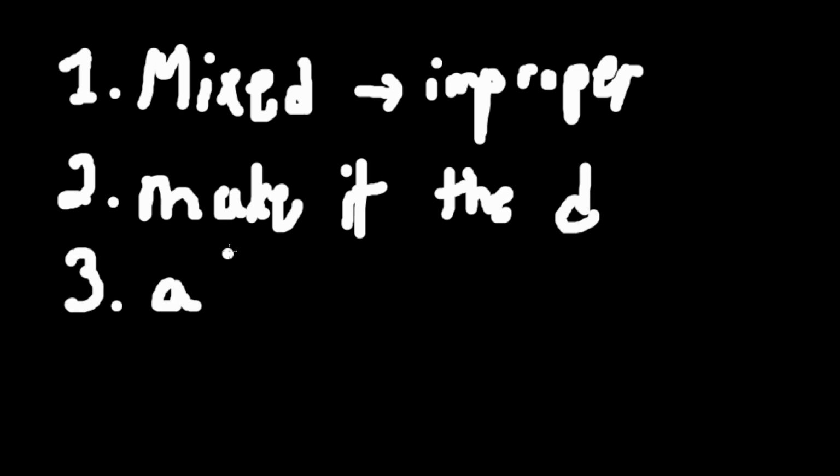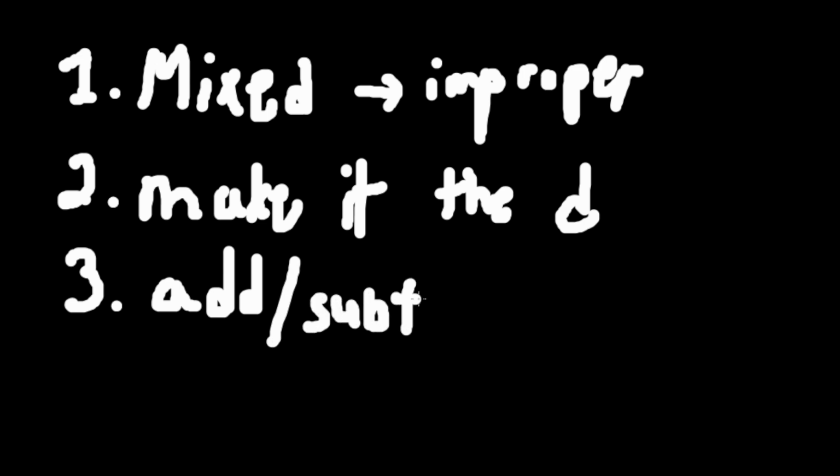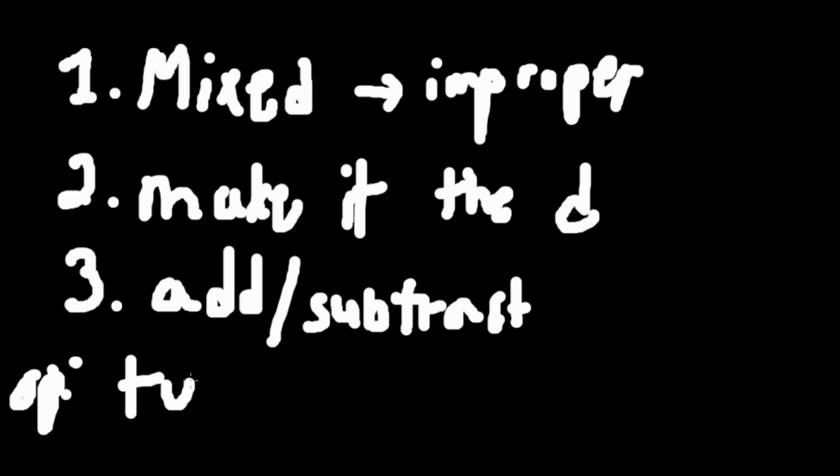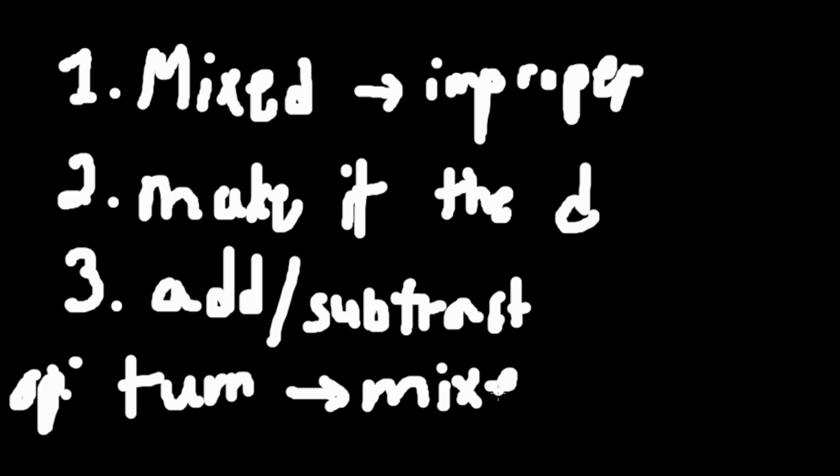Third, we add or subtract. Then the optional step, turn the equation into mixed back again if your teacher wants you to do that. And that's it. That's the entire unit.